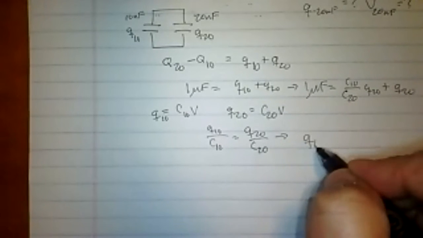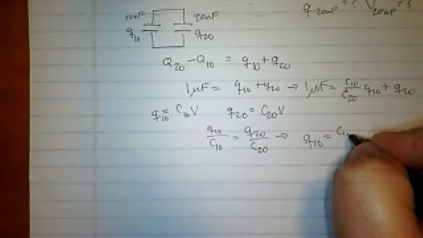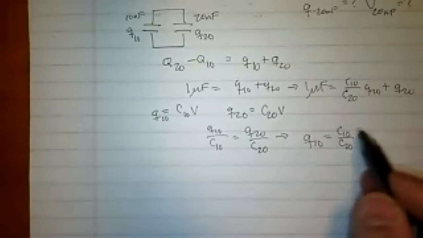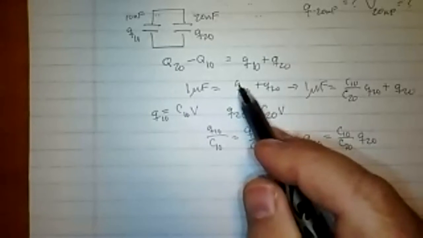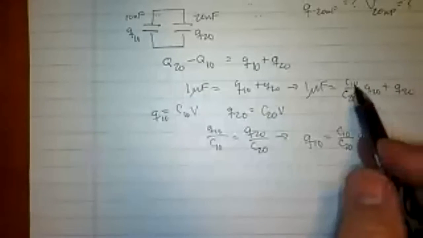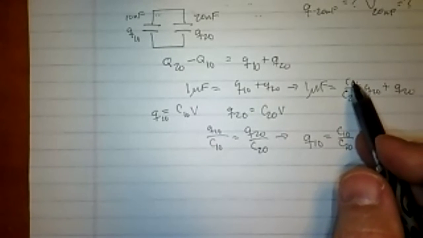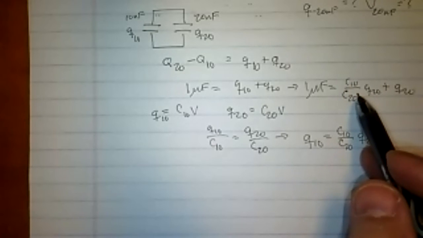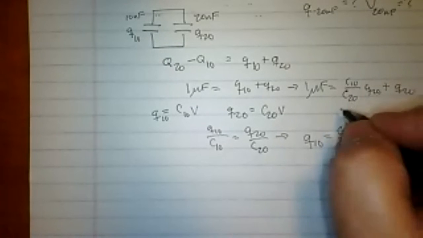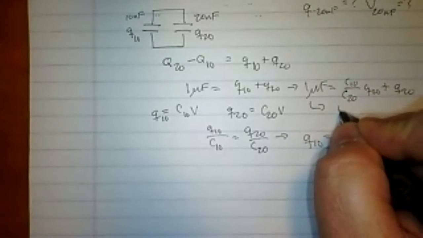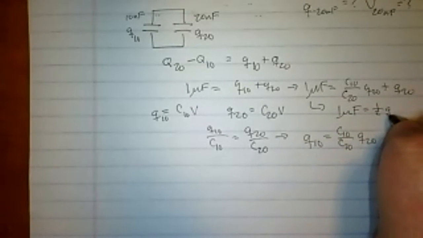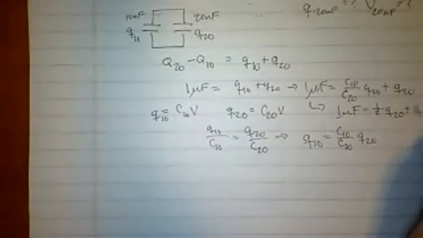This tells me that Q10 is equal to C10 over C20 times Q20. So if I plug that in for this one right here, I get that. But we know this is in fact just 1/2, because that's 10 nanofarads over 20 nanofarads. So I get 1 microcoulomb is equal to 1/2 Q20 plus Q20.